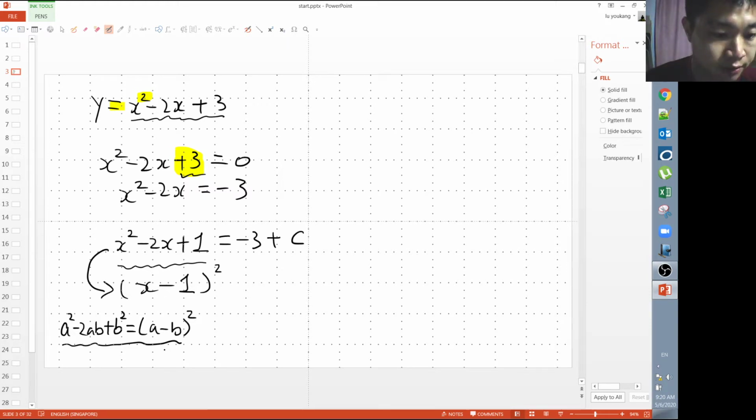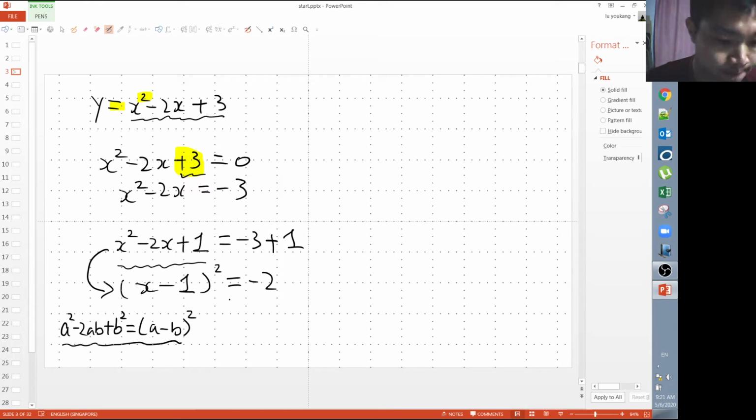It will come in handy when you need it, for questions like this. Since the left hand side can be expressed in this format, your c here is also plus 1. So your right hand side is equal to minus 2.